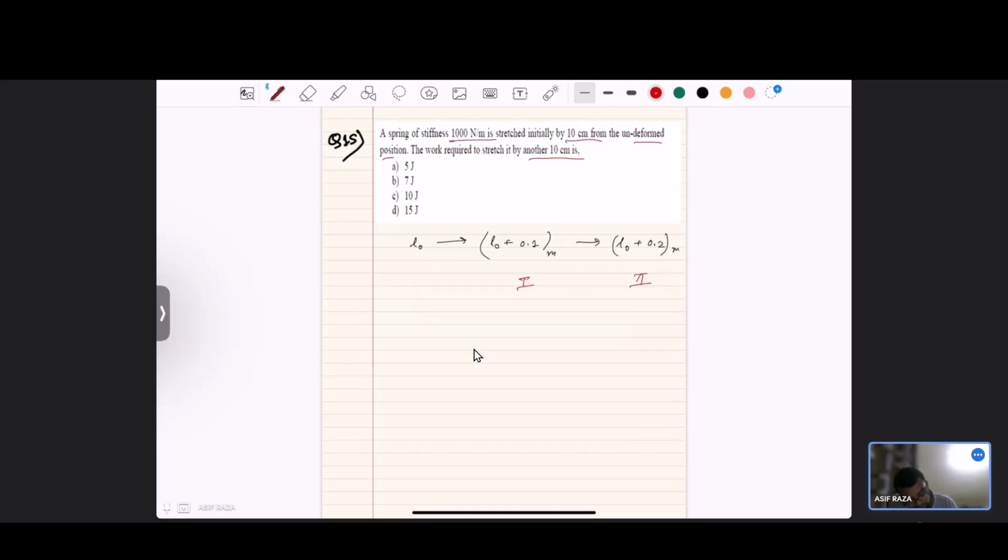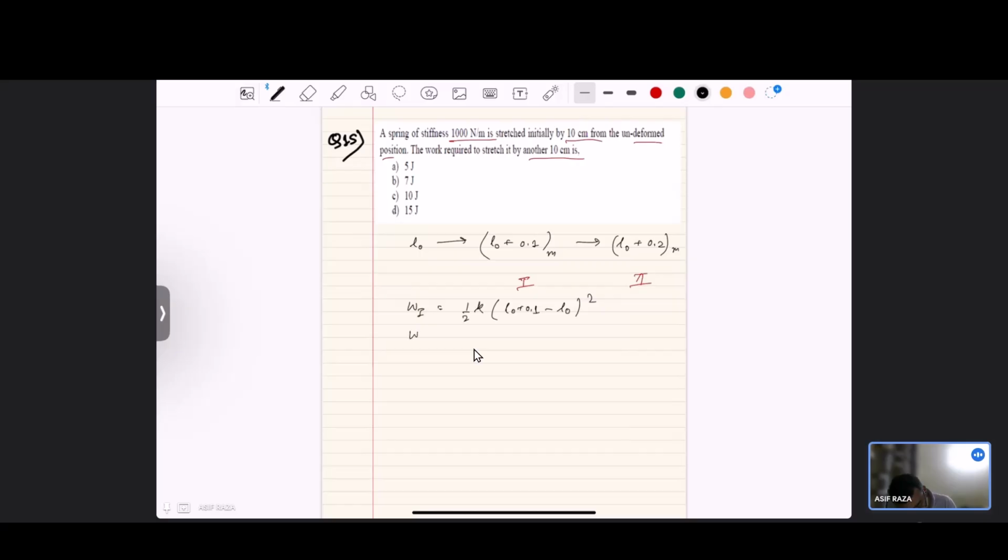So the work done for the first case would be equal to half k x square, that is half k times L0 plus 0.1 minus L0, squared.